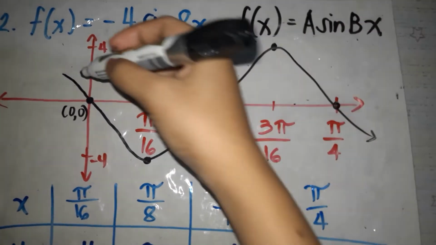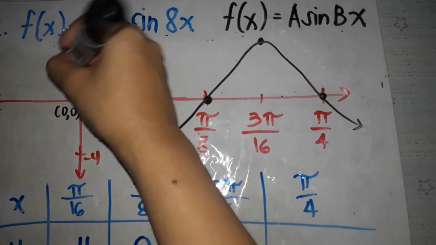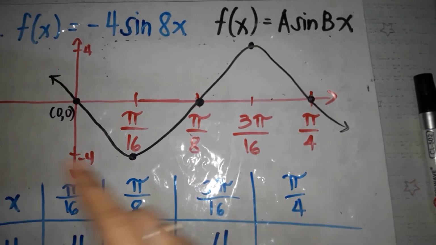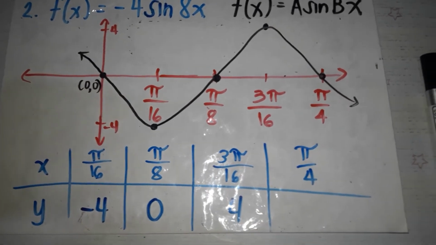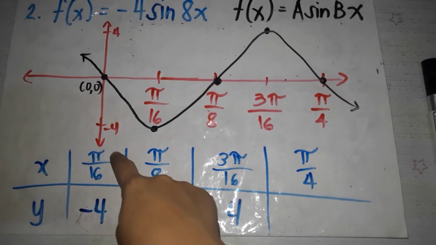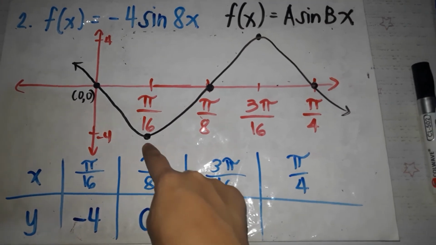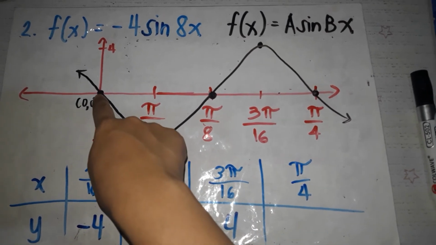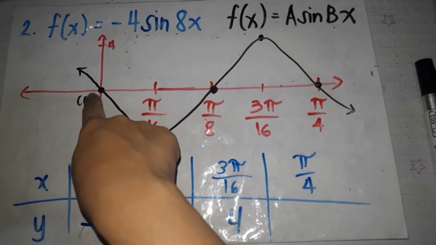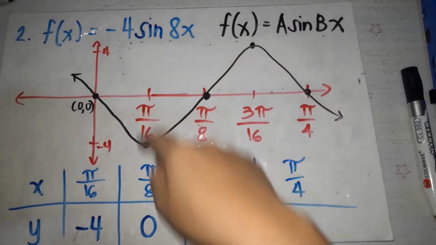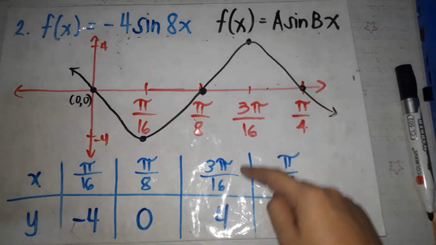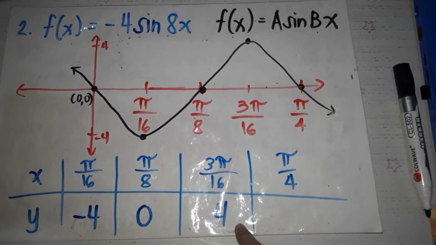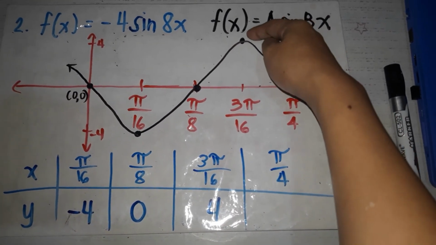Alright, as you can see, we already have the graph of the function f of x equals -4 sine 8x. Let's look at the table of values. We have pi over 16, -4, that's this point. We began with 0, 0, it will pass through the origin because it's sine. Then pi over 8 and 0, that's this point. 3 pi over 16 and +4, this point.